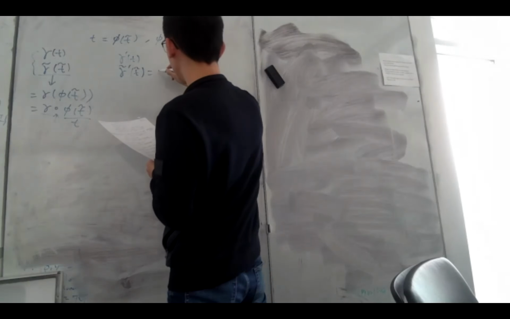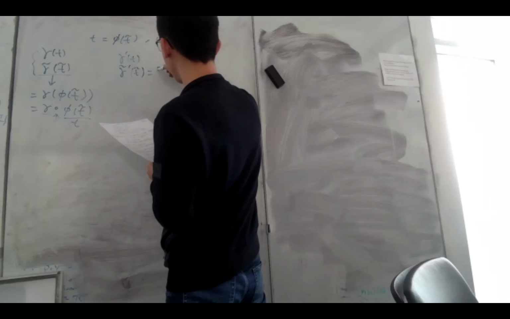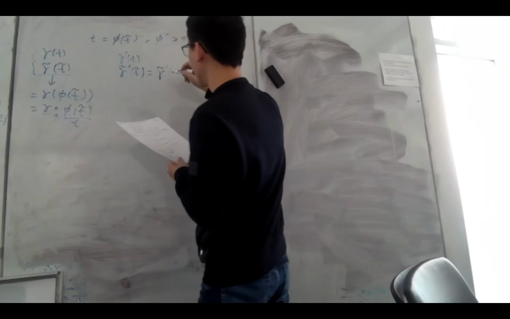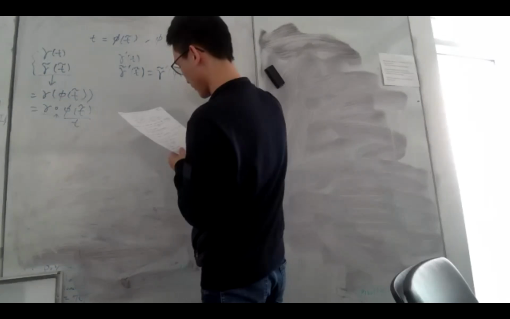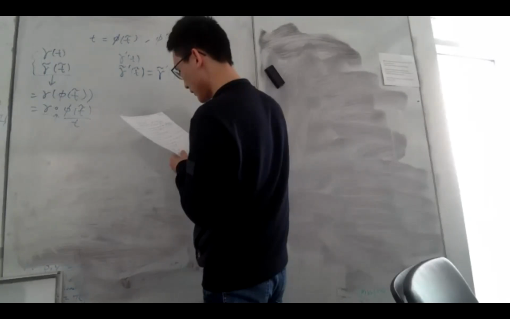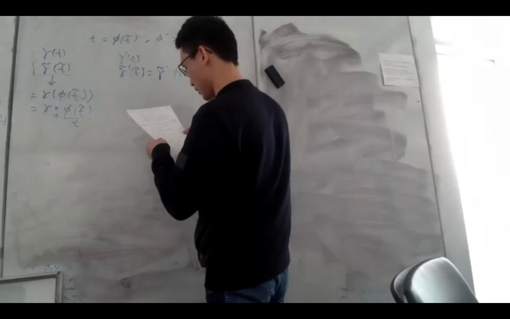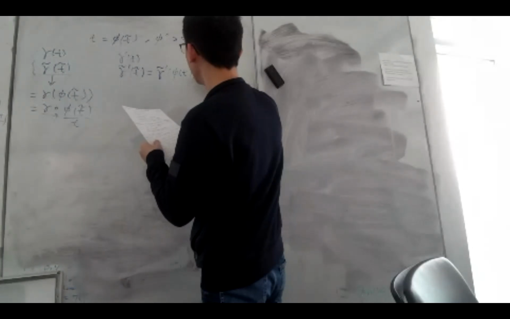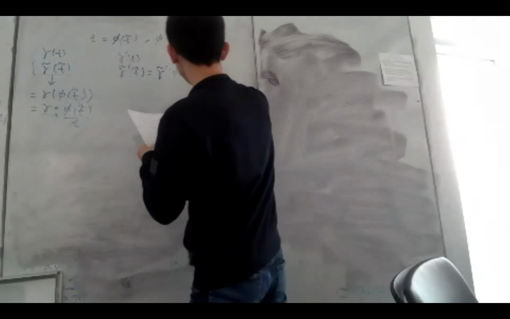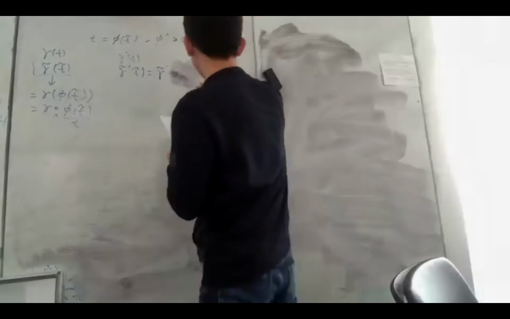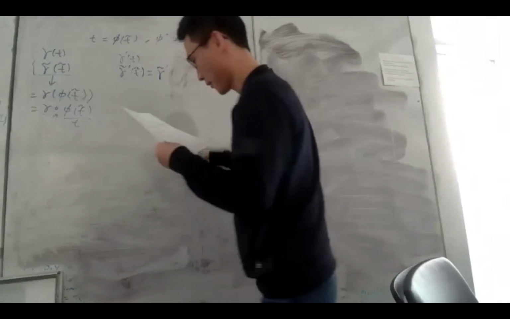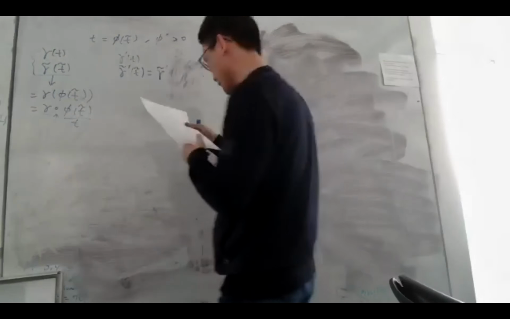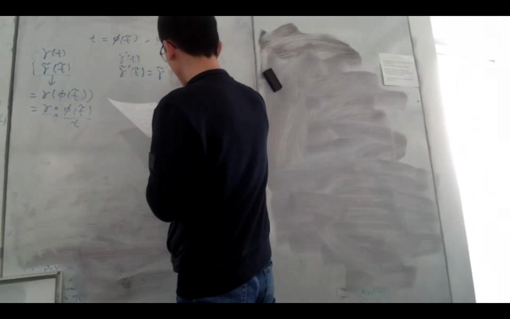So I take the derivative of gamma at t tilde, but t tilde is just phi of t.